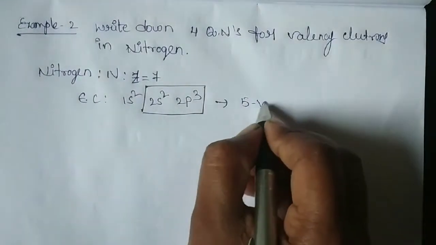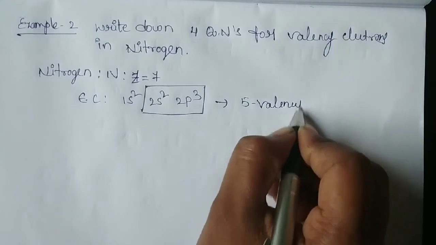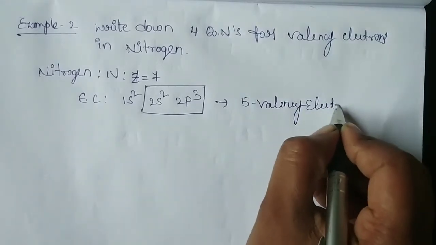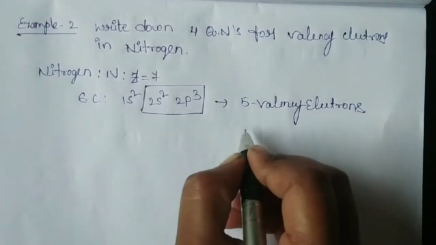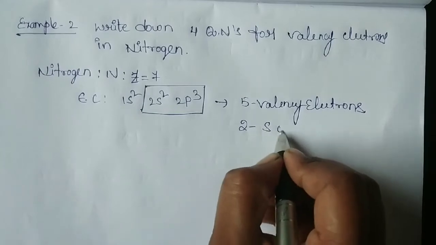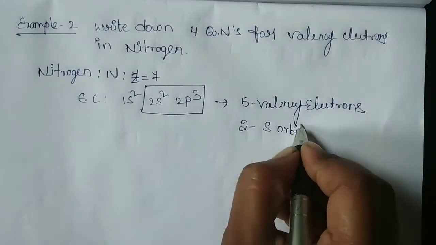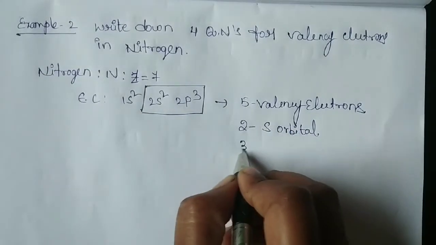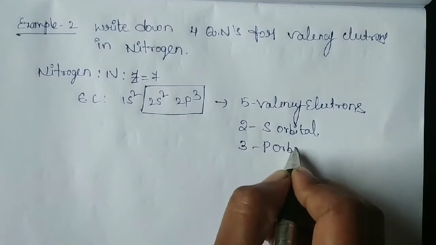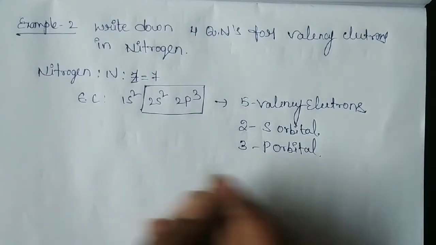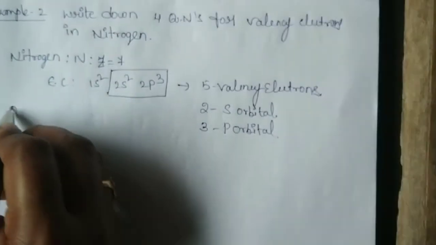That means the valency shell has 5 valency electrons. Of those 5 valency electrons, 2 electrons are s orbital electrons, and 3 electrons are p orbital electrons.